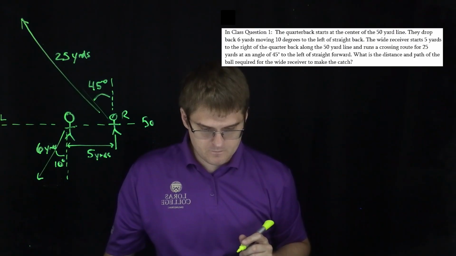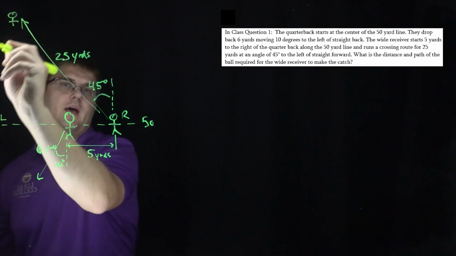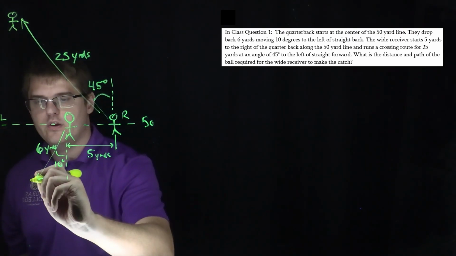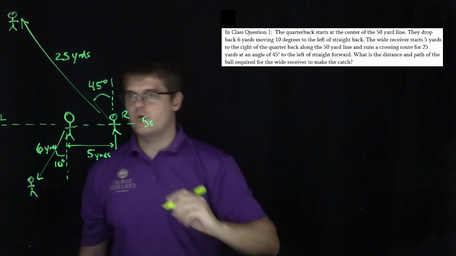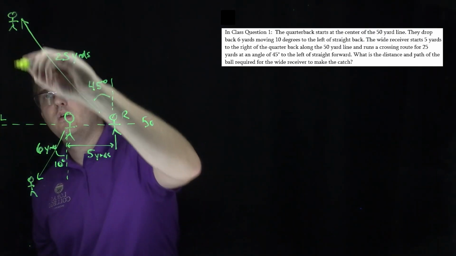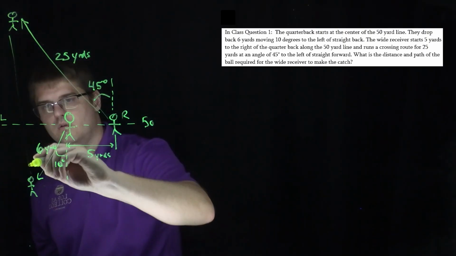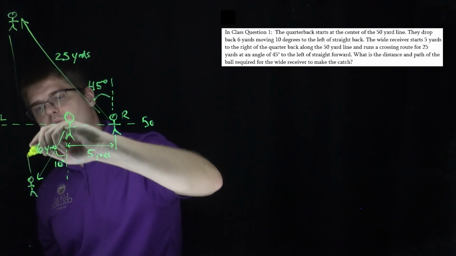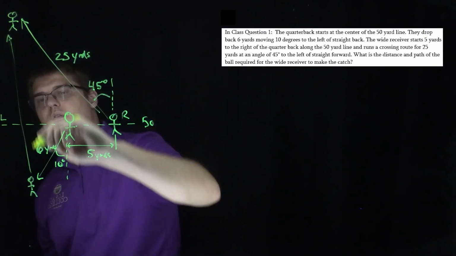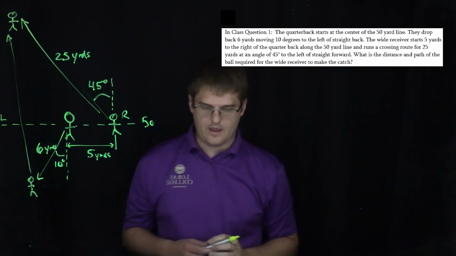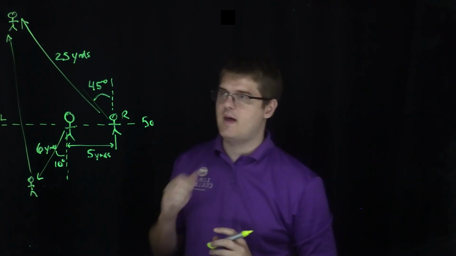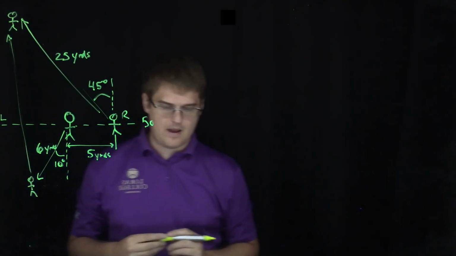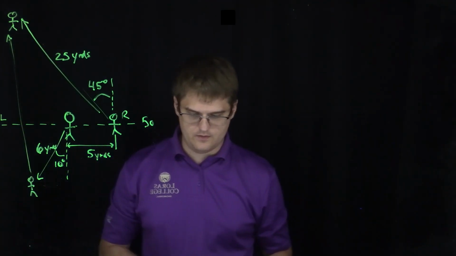So at the end, when this pass is completed, wide receiver is here, quarterback is here, and they are throwing the ball. This distance. And we are asked, what is the distance and what is the path of the ball? So by that, I want to know this distance and I want to know the angle that it is moving at.